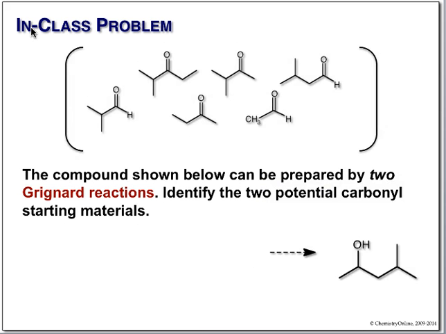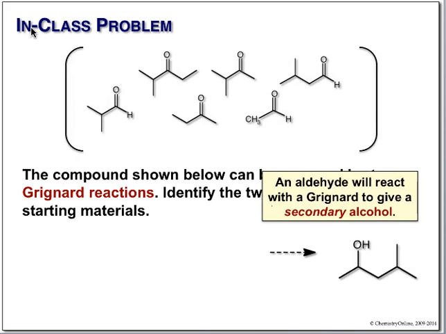One more secondary alcohol here. Split it. Pick out the appropriate aldehyde and draw the structure of the Grignard.